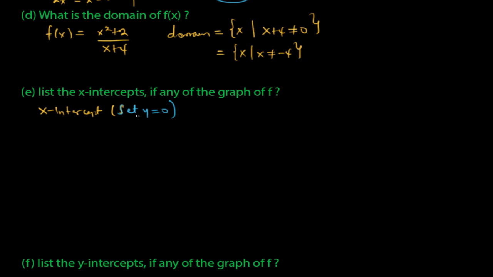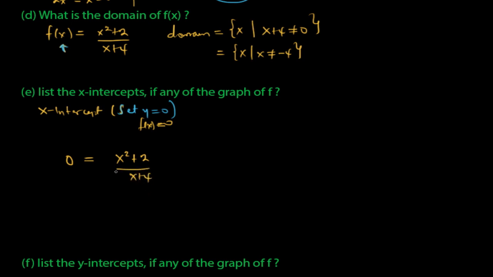So we want to find the x-intercept. y is the same thing as f of x, so f of x equals 0. When we set f of x equals 0, we'll have 0 equals x squared plus 2 divided by x plus 4.